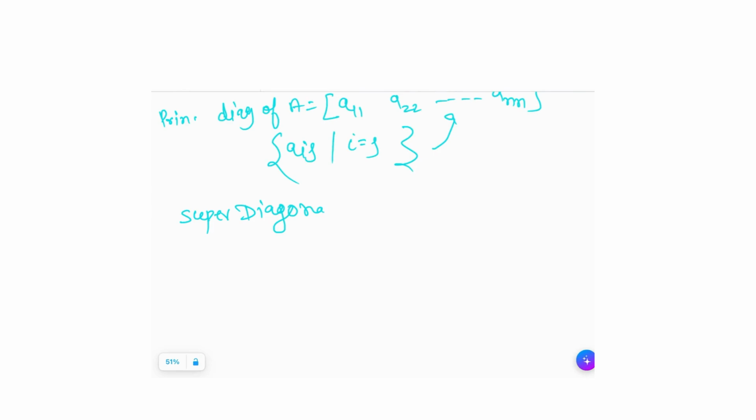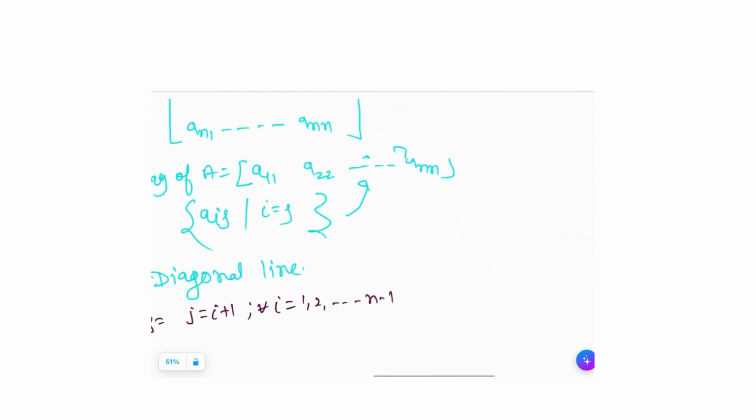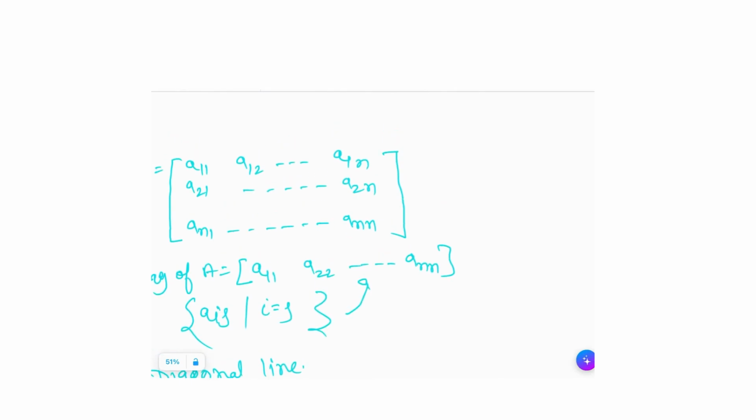The super diagonal line consists of Aij such that j equals i plus 1 for every i equal to 1, 2 up to n minus 1. We will see this by this example.